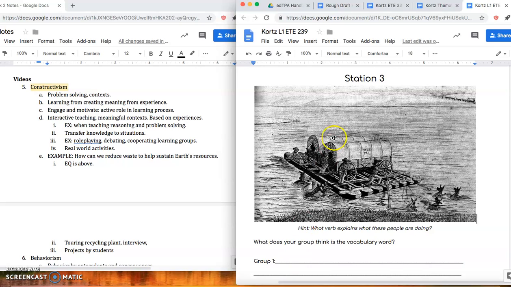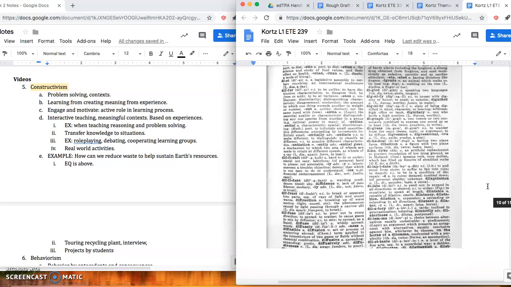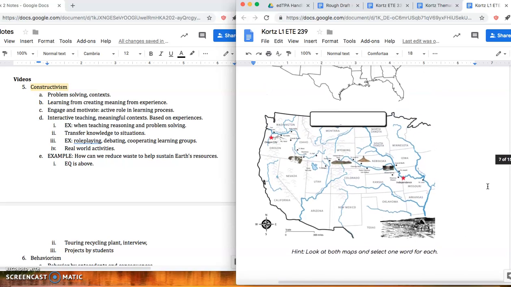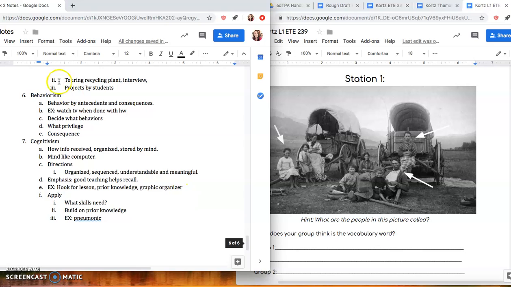And this was really constructivism, because they were using the information they had, the picture and the hint, in order to construct the meaning of a vocabulary word. And they did that with several pictures, like maps and such.